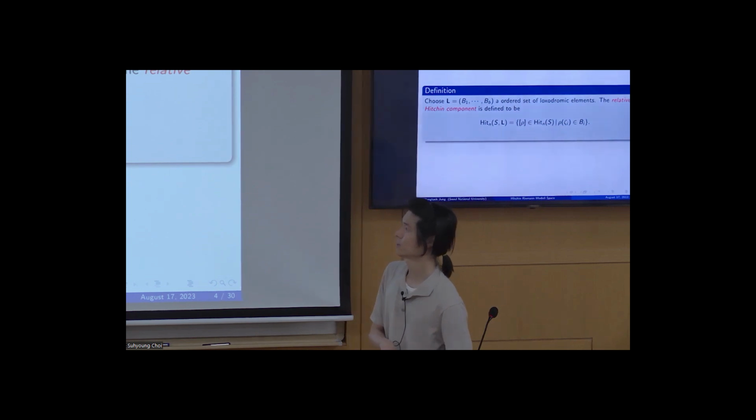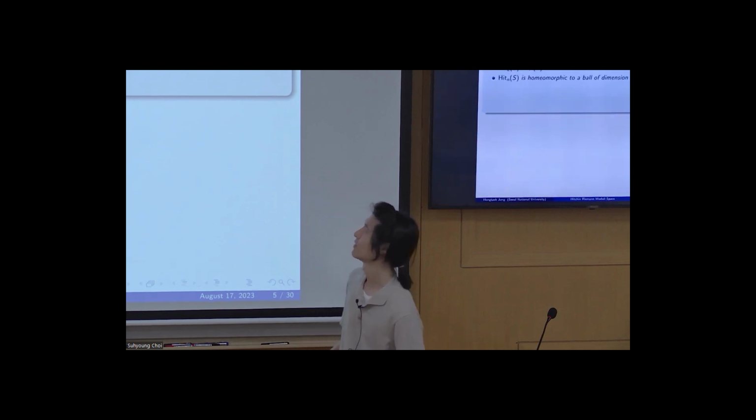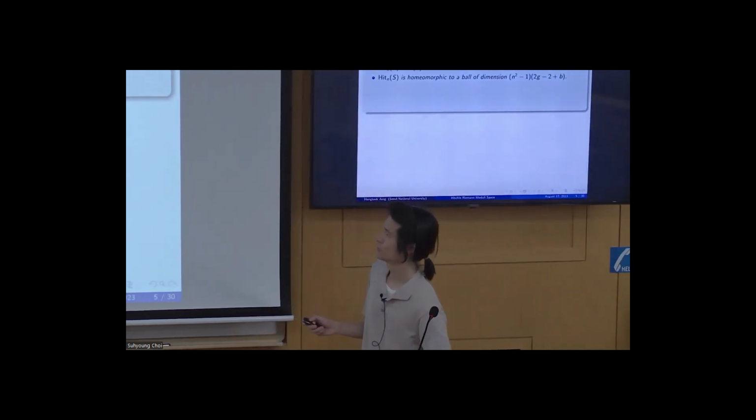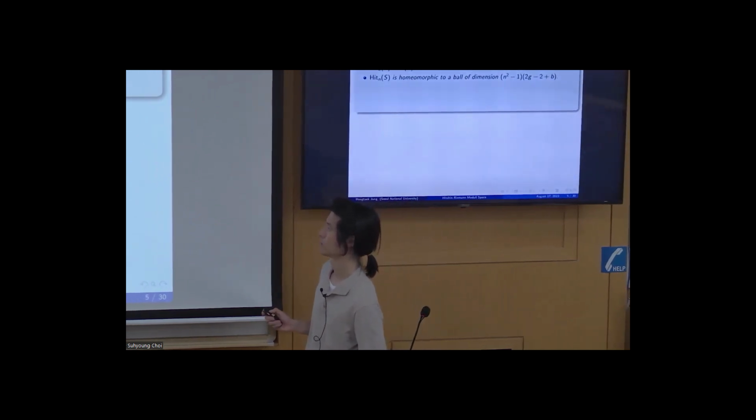I can list some relevant properties of the Hitchin component and relative Hitchin component. First of all, when n is equal to 2, these two notions are identical. And as Hitchin proved, this space is homeomorphic to a ball, a contractible Euclidean space of a certain dimension.